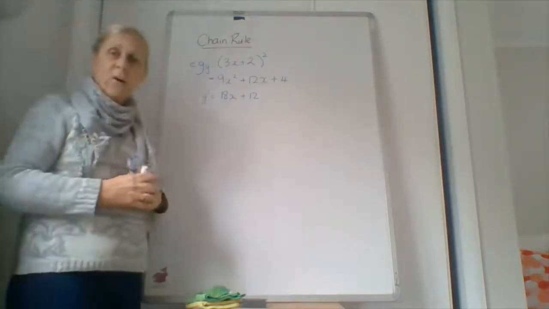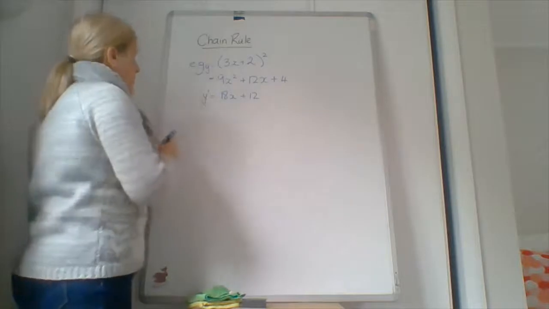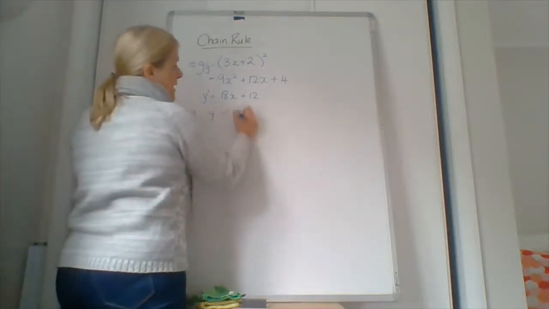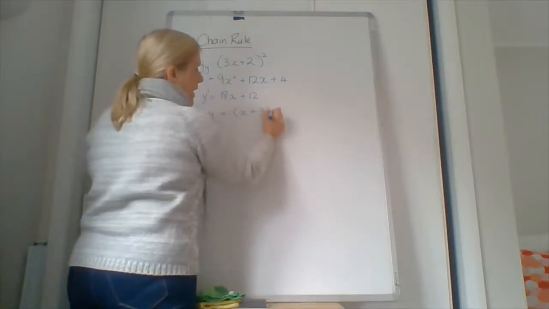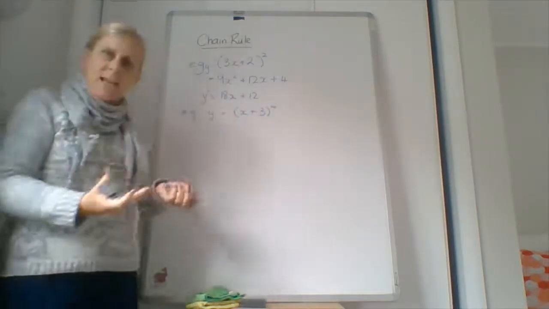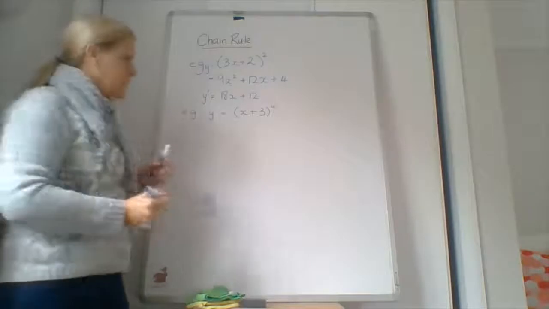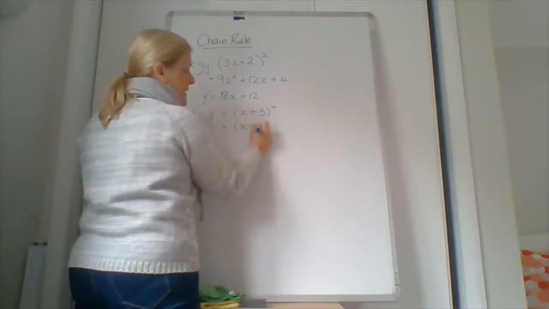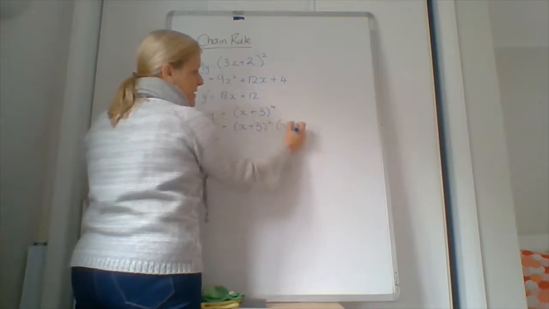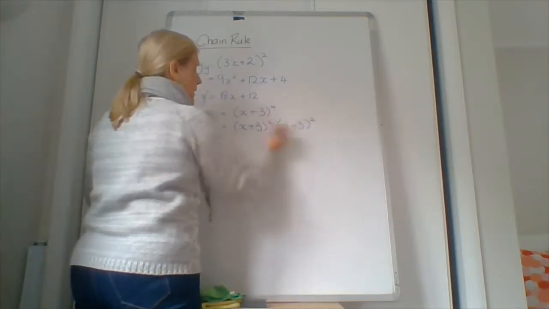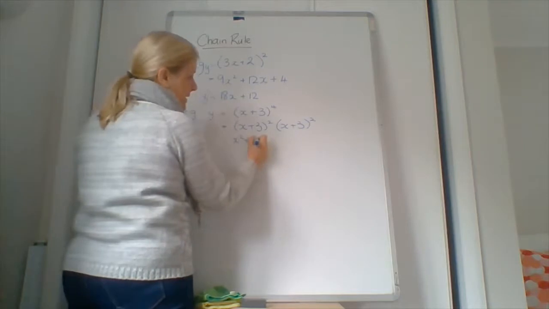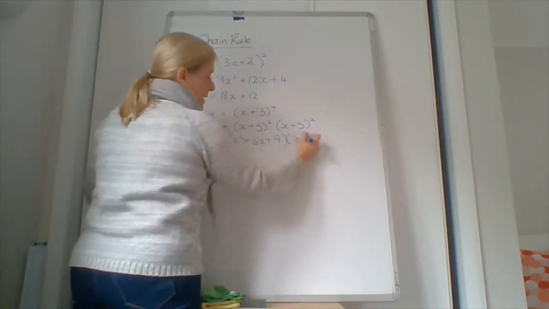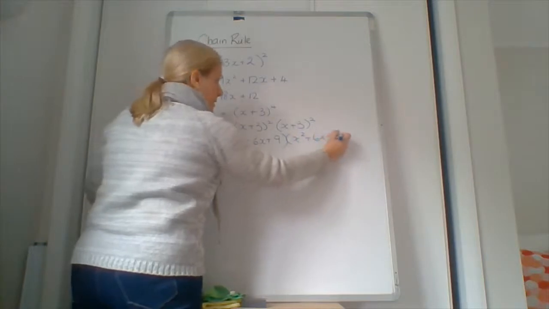What I want to do now is say that if we had a question like this one, y equals x plus 3 to the power of 4, it's going to take us a long time to multiply this out. Let's have a look. We multiply this and make it x plus 3 squared times x plus 3 squared. We're going to get x squared plus 6x plus 9 times x squared plus 6x plus 9.